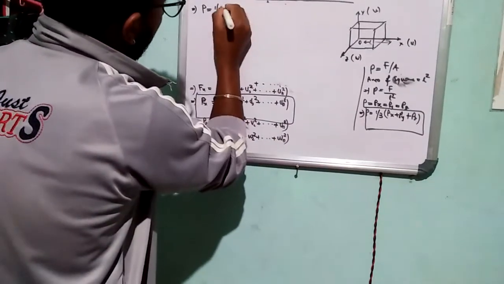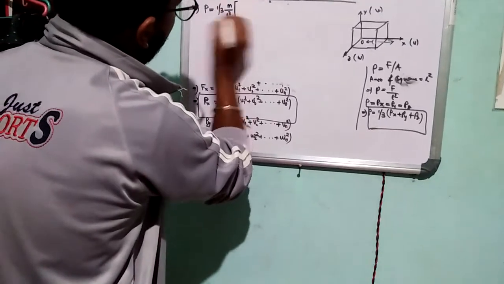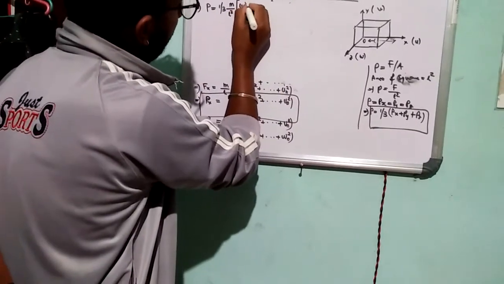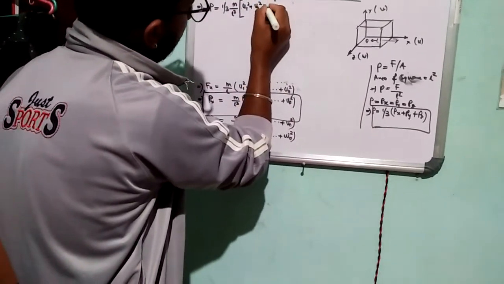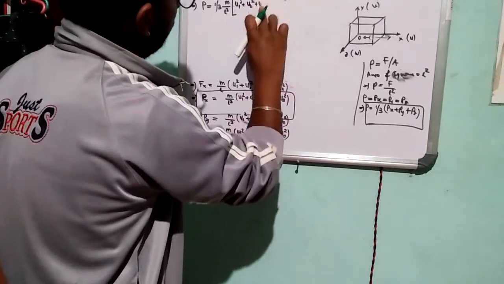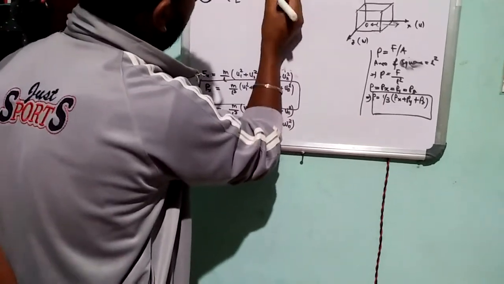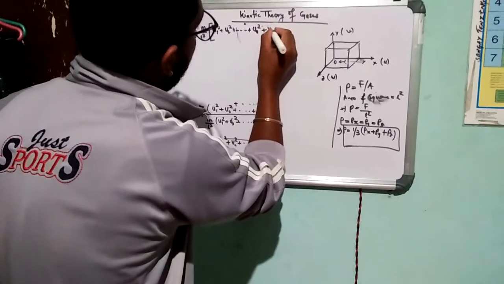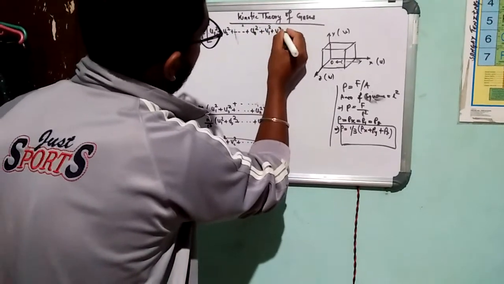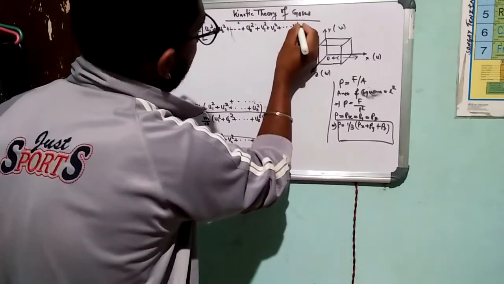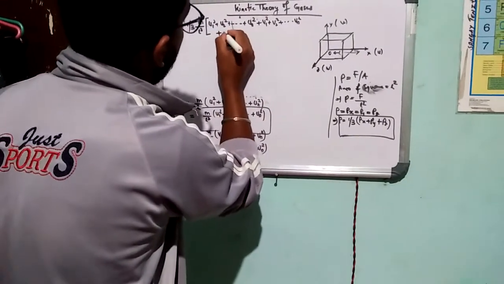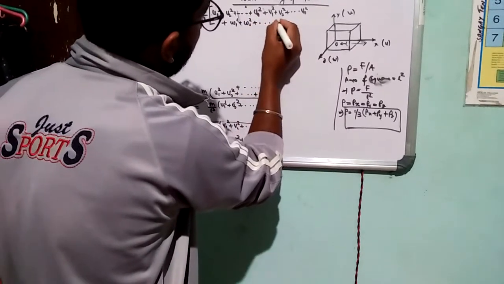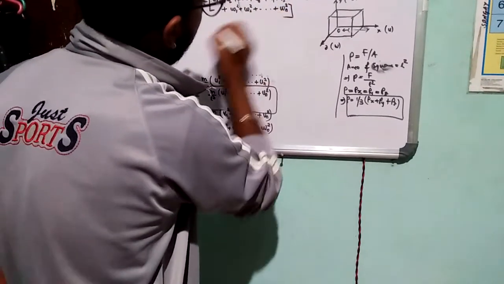So we can write m by l cube as a common factor, and then u1 square plus u2 square plus dot dot dot plus un square, then again v1 square plus v2 square plus dot dot dot plus vn square, then again plus omega 1 square plus omega 2 square plus dot dot dot plus omega n square.